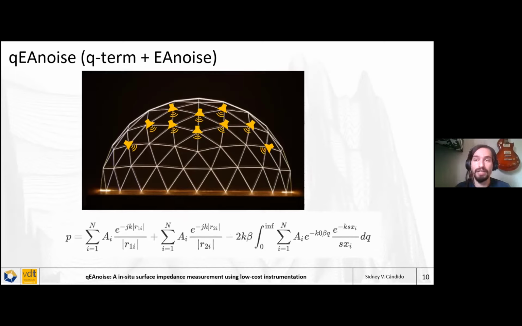So what I've done with an analytic equation was to build a reverberant field. This equation right here describes the pressure at one point for this reverberant field simulated in this way.